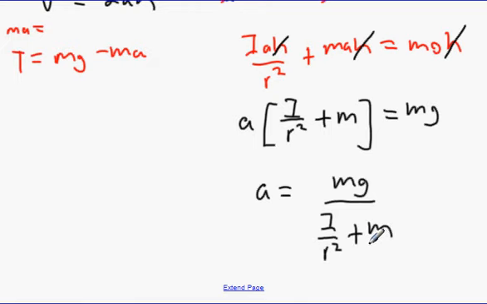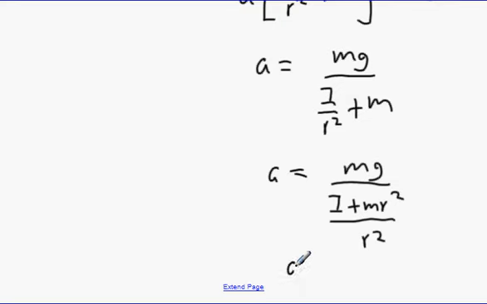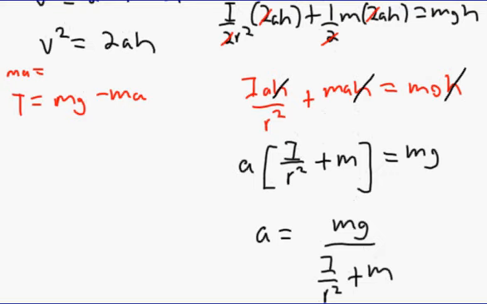Might help for us to tidy this up a little bit. So a equals mg, give them a common denominator, I plus m r squared all over r squared. Bring the r squared to the top, so we're going to get m g r squared divided by I plus m r squared. So that's what a is. Once we've found a, we've got to insert that into the formula I was just talking about, where T is mg minus ma.